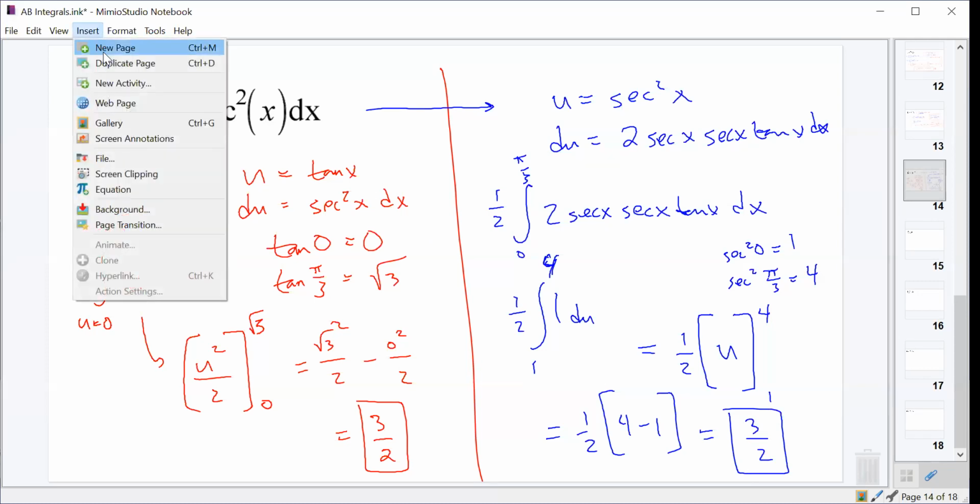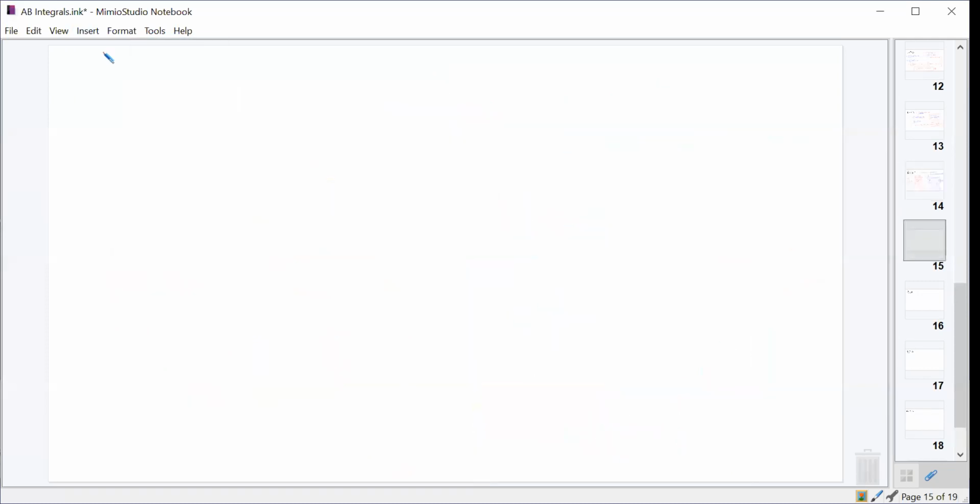So we're going to do this a third way. Let's suppose that we let u equal secant x. Then what would du be? What's the derivative of secant?